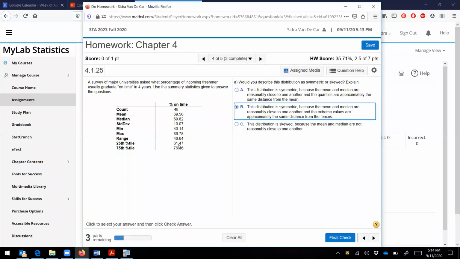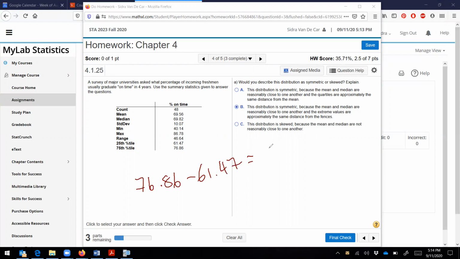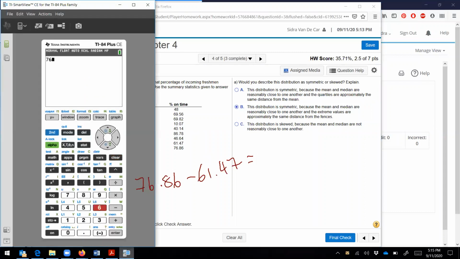Because to get my fence, remember, I would take, let me show you here. I would take the third quartile, 76.86, minus the first quartile, 61.47. So I would get there $15.39, and then we do that times 1.5.